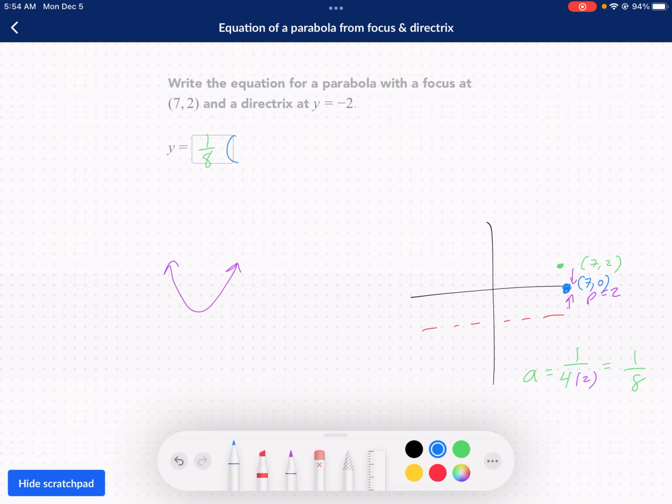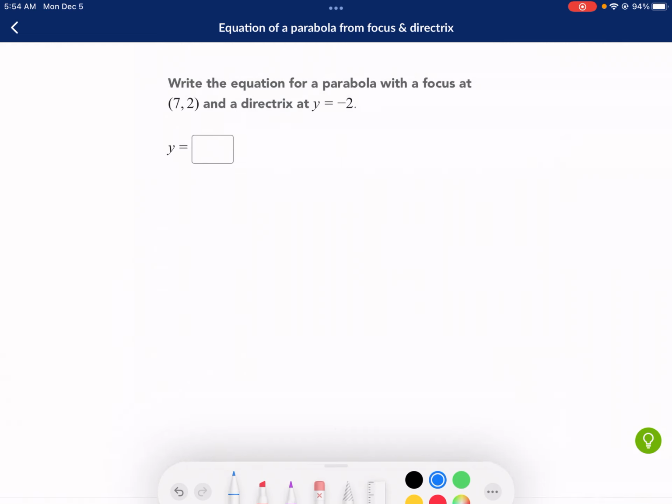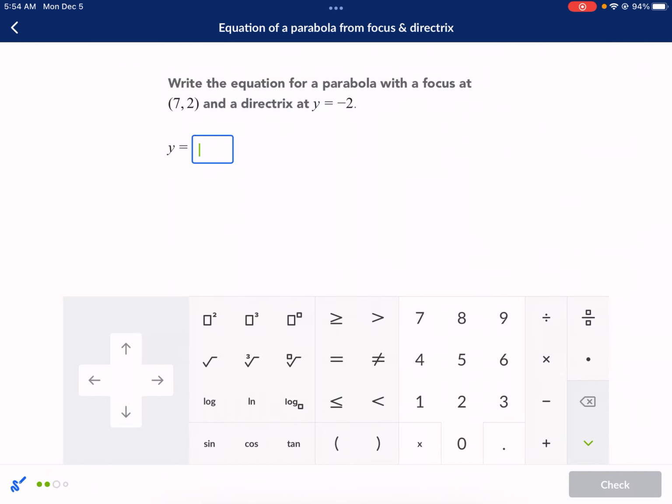I'm a pretty visual person myself. So I know my x value is 7 squared, and then my y value is 0. So my k is technically plus 0, so I don't even need to have that on there. I just need 1 over 8 times the quantity x minus 7 squared. So we're going to go ahead and write that in. Positive 1 over 8.